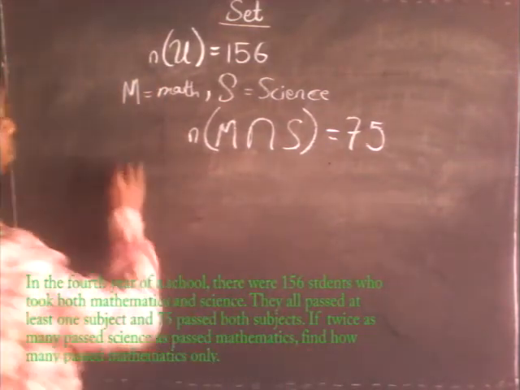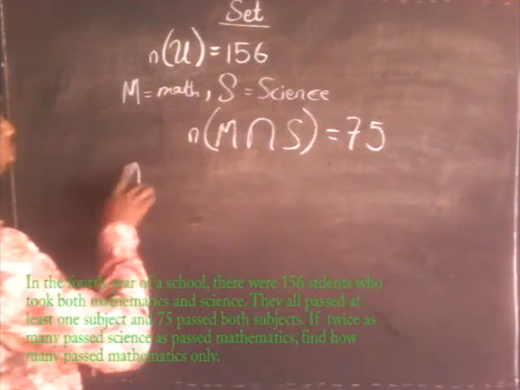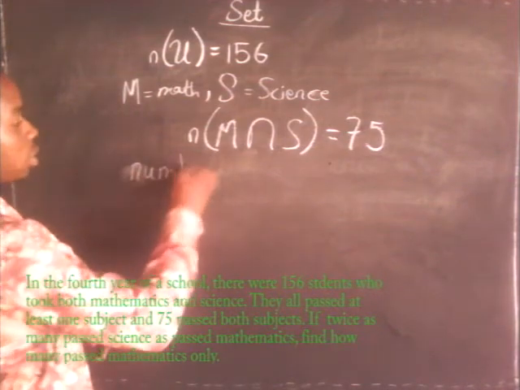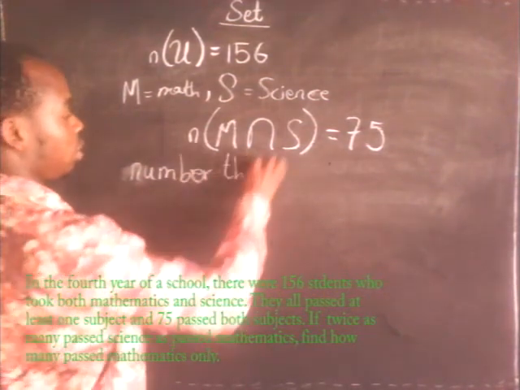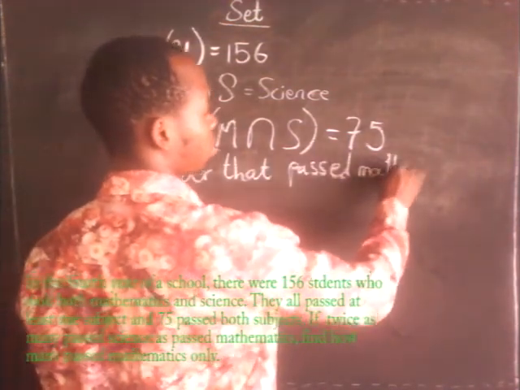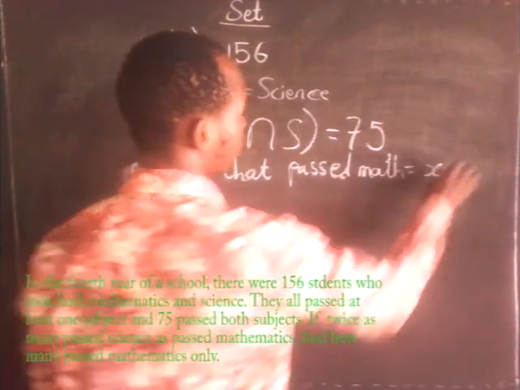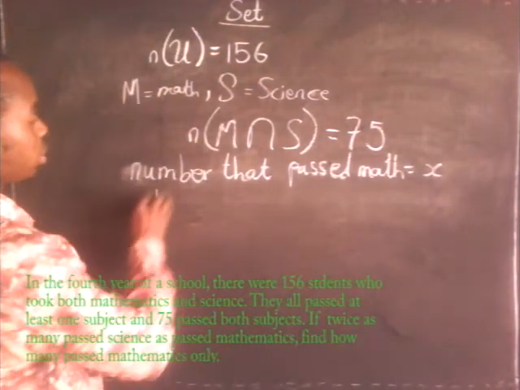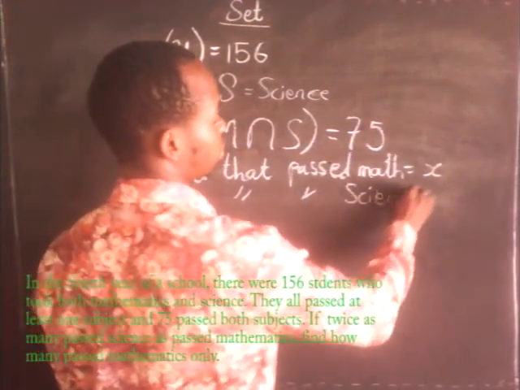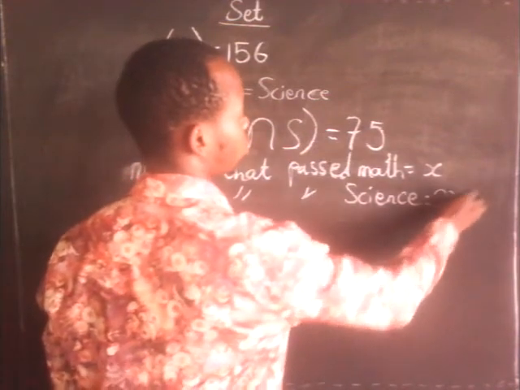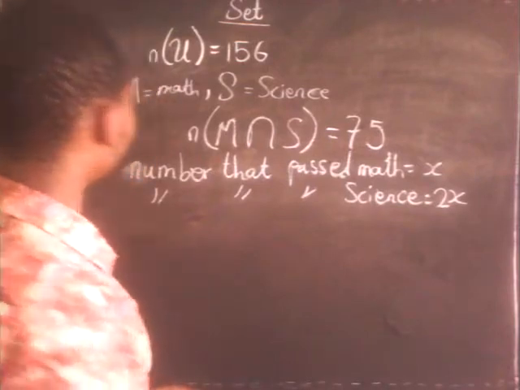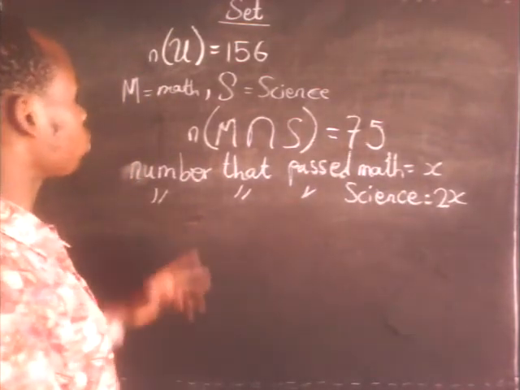That means if the number of people that passed mathematics is equal to x, the number that passed science will be equal to 2x based on the question. And with this, we can draw our Venn diagram in order to illustrate what we've just written here.